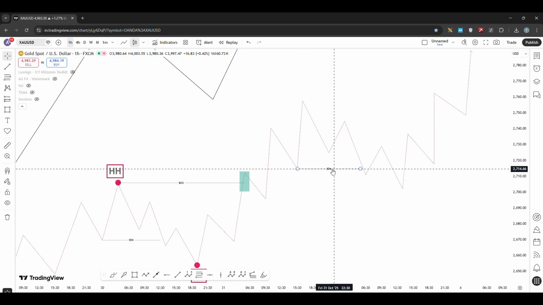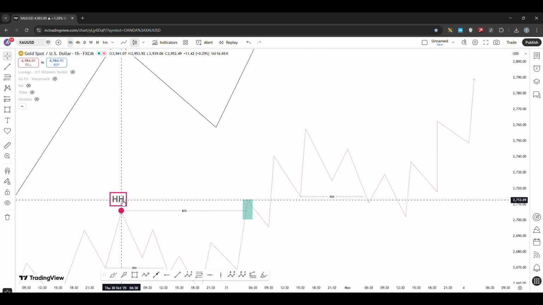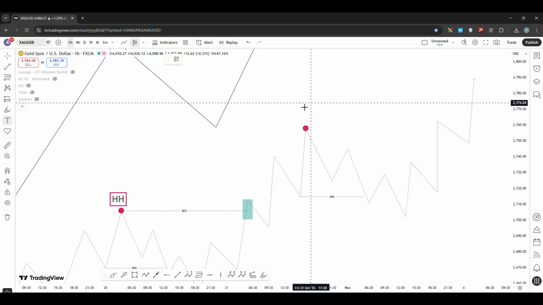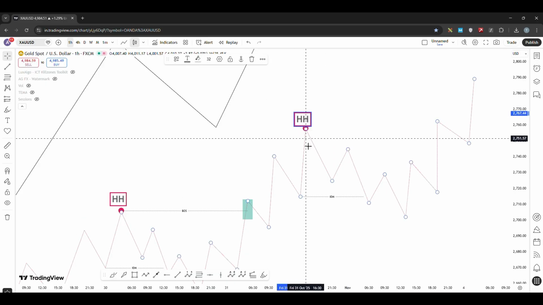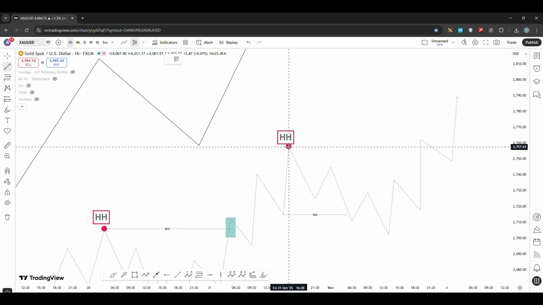And once we have inducement, that means we have got the next higher high. So now this high becomes what? This becomes our new higher high. Okay, and now market drops, and once again market pushes higher to break above this high.